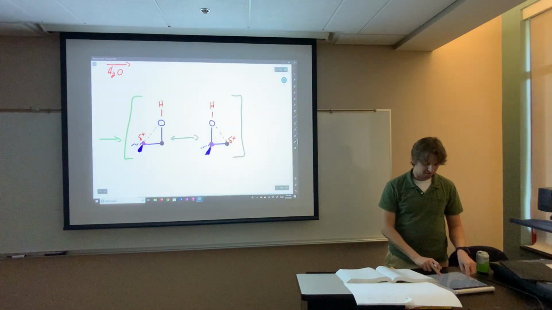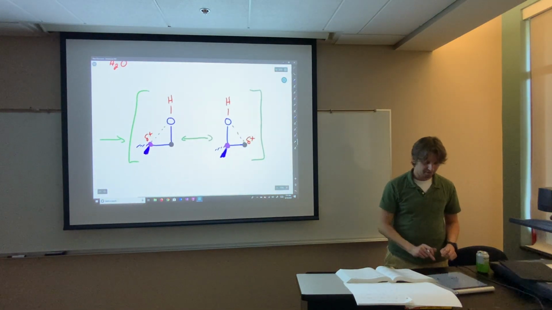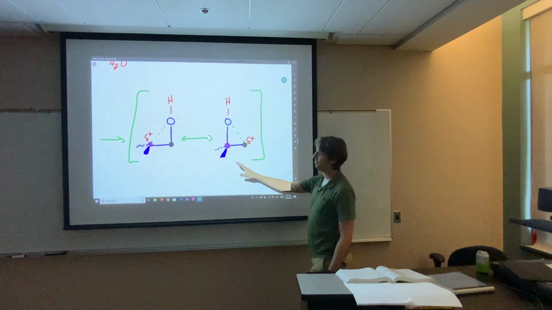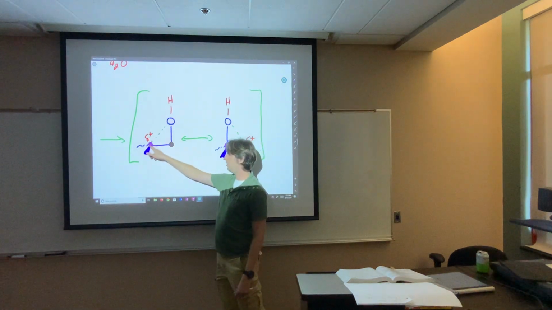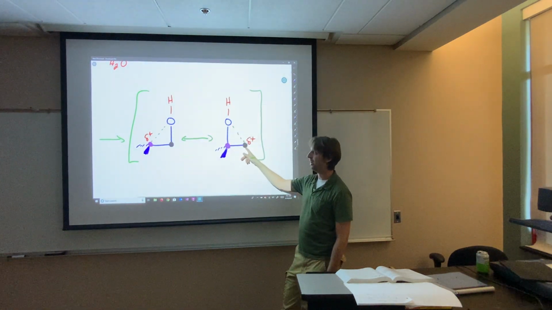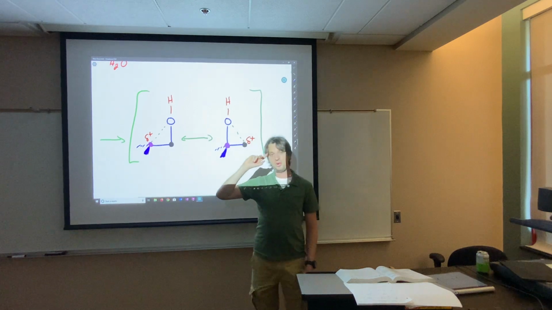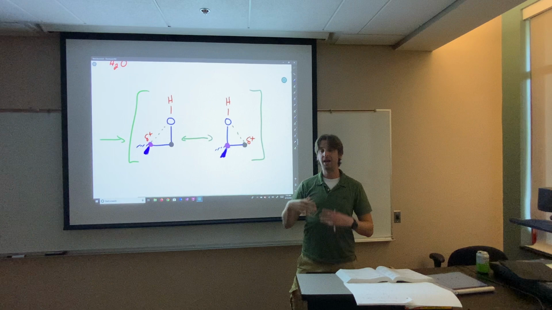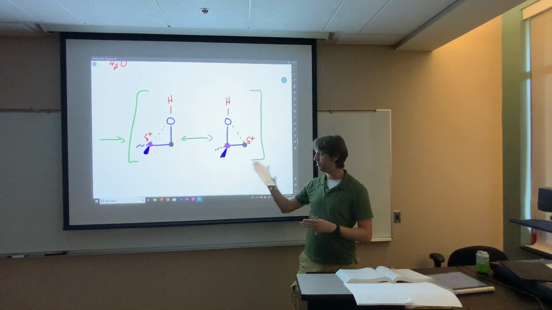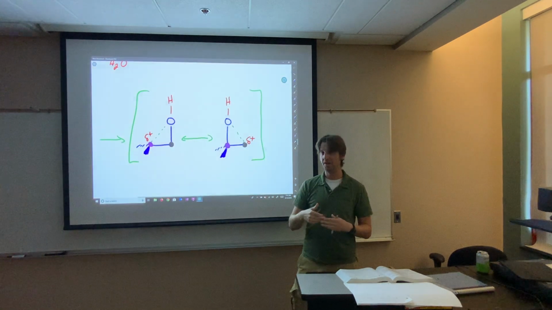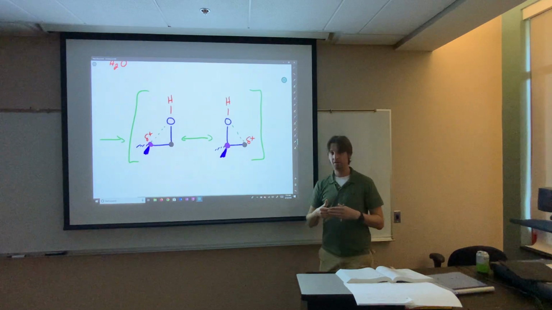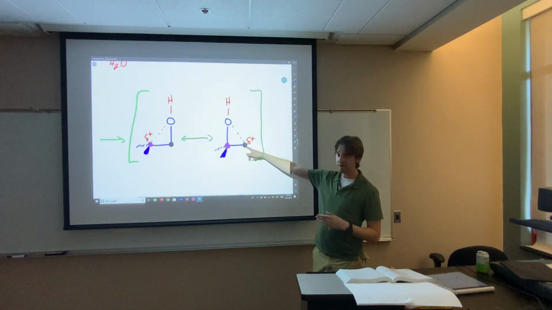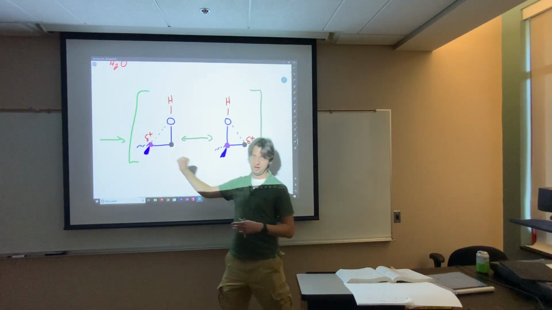I'll zoom in here just for argument's sake while I discuss this. So here's our two options: a positive charge on the purple or a positive charge on the black. Remember, our thought here is SN1-like, meaning which one of those two carbons, the purple or the black, can handle that positive charge better. Primary, tertiary.